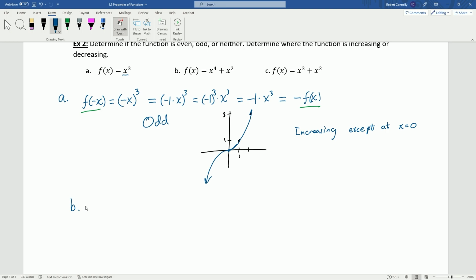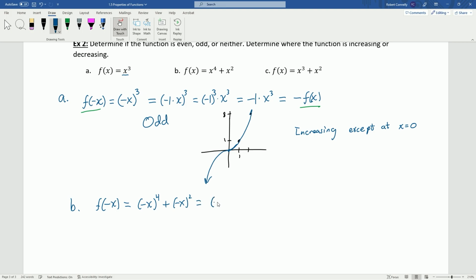Okay, so now let's take a look at this second function. f of x equals x to the 4th plus x squared. So we're going to plug in negative x. We get negative x to the 4th plus negative x squared.